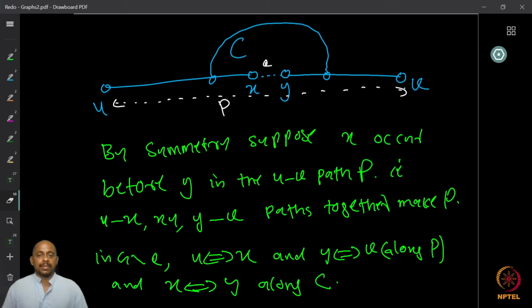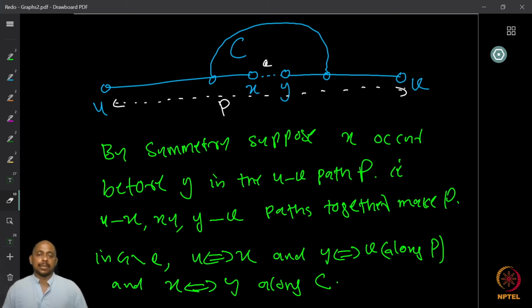With this assumption, you have a path from u to x, then the edge xy, and then the path from y to v. So the three interconnection relations by transitivity give you that u to v is connected.